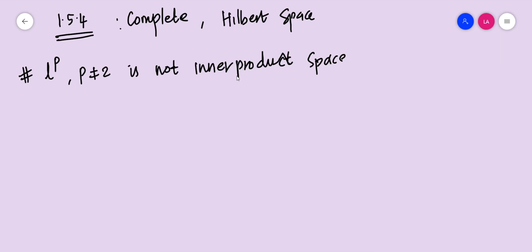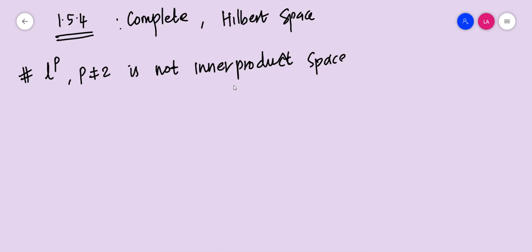We have discussed that every inner product space is a normed space. And we have also given insight that every normed space need not be an inner product space, because every norm which is induced by an inner product should satisfy the parallelogram equality.